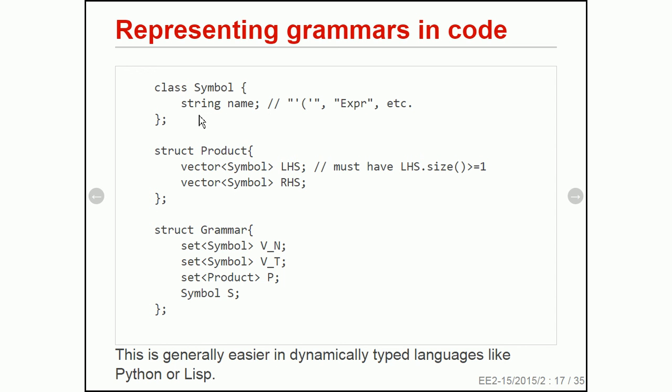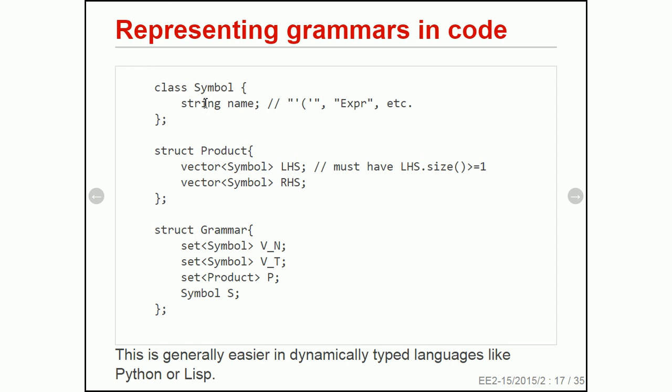In an actual data structure, we must know what these things are. So one convention can be a terminal symbol is a quoted string, and a non-terminal symbol is an unquoted string. That ensures that I can actually make these two sets of things distinct. And now I've got a class called symbol that can represent either a terminal or a non-terminal.